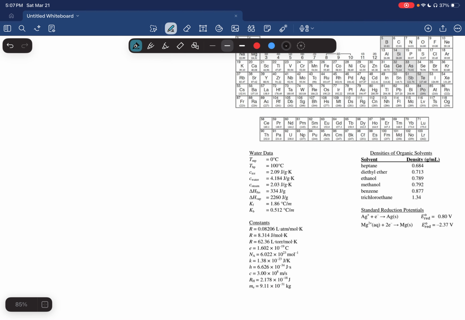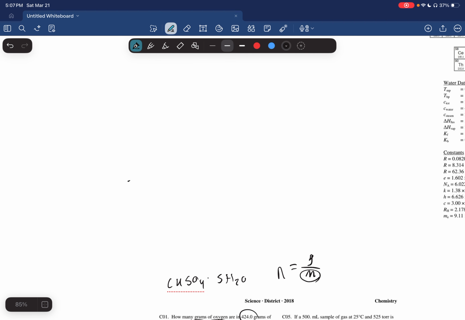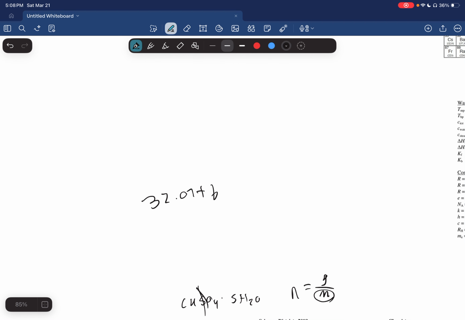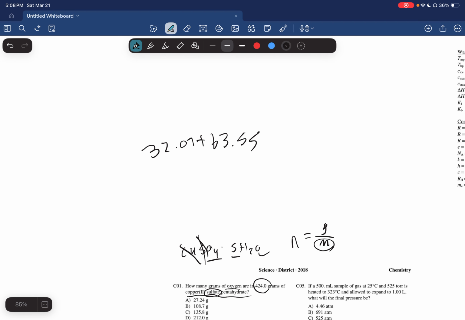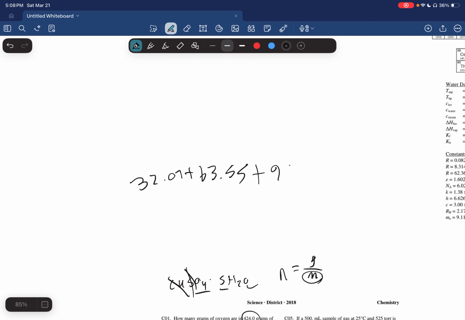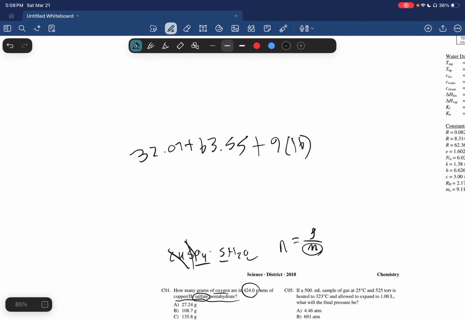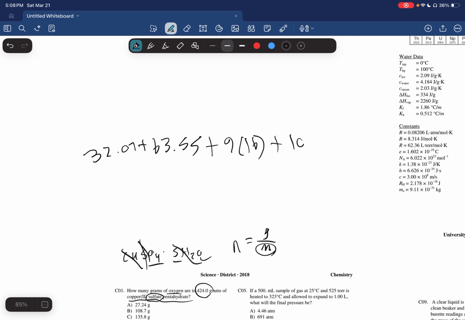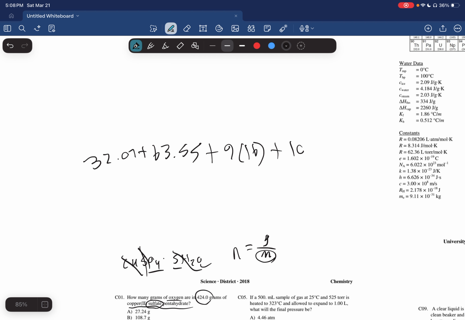So we have one sulfur, which is 32.07. We have one copper, which is 63.55. We have, let's see, 9 oxygens, so we have 9 times 16. And we have 10 hydrogens, which is just 10. And so that's our molar mass, but we want number of moles.